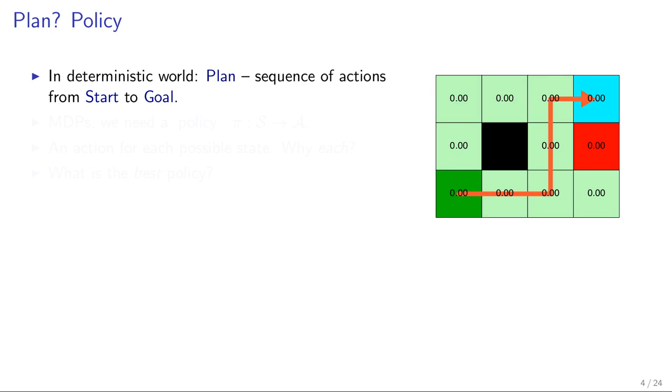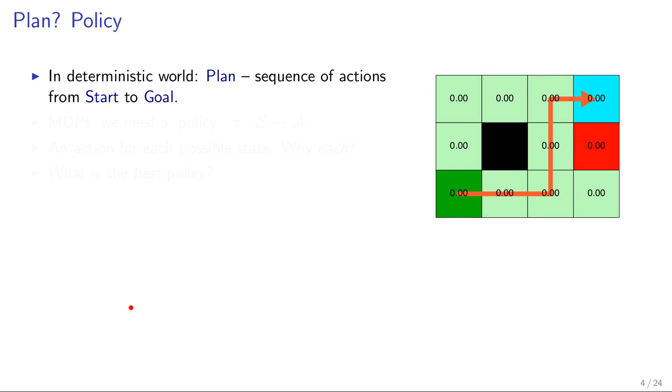Right, and now the biggest change is that before, it was fine to deliver a sequence of actions, the plan of how to go from one town to another, which road to take. However, this will not work anymore now. So what is the problem?